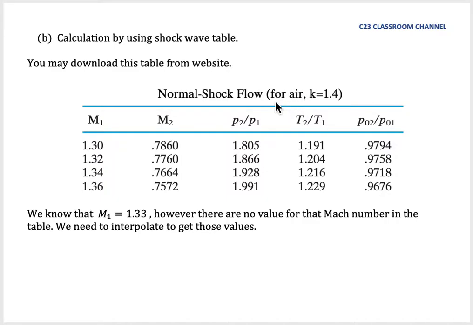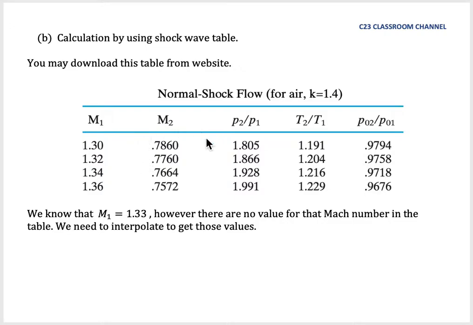If you want to calculate hydrogen, for example, you need to take normal shock wave flow for hydrogen, not for nitrogen. Because we commonly use air, in my website, I upload normal shock flow for air, which is k equal 1.4. You will have these columns: M1, M2, P2 over P1, T2 over T1, and P02 over P01. I will show you the usage of this one later on.